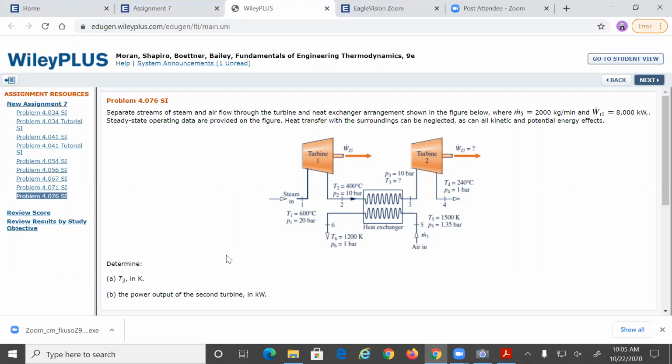All kinetic and potential energy can also be neglected. And what do we need to do? We need to find the temperature T3 in Kelvin and the power output of the second turbine.